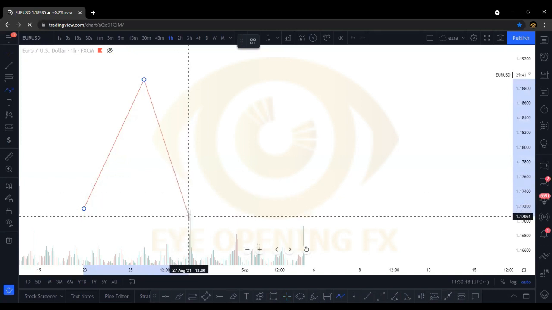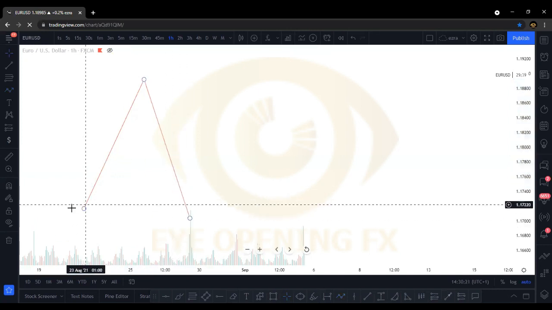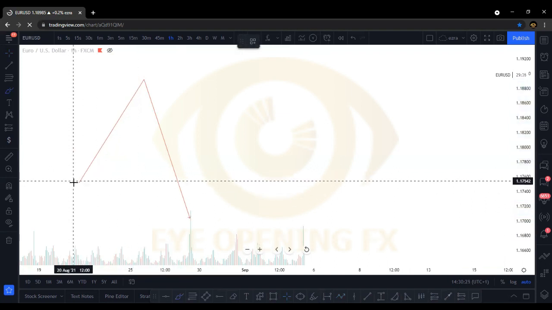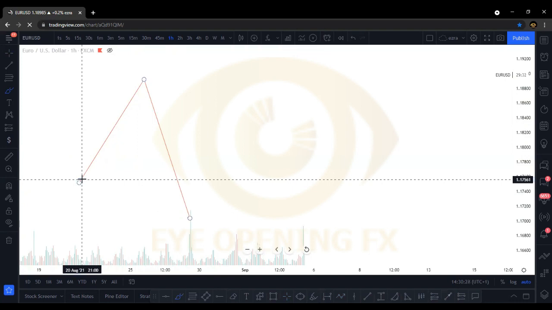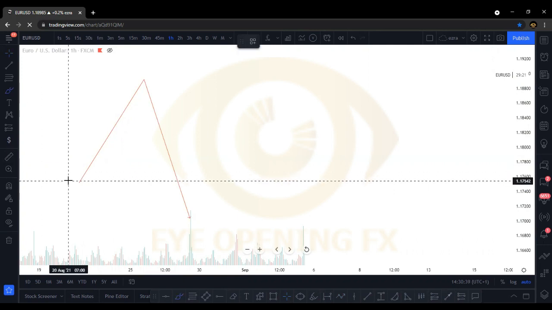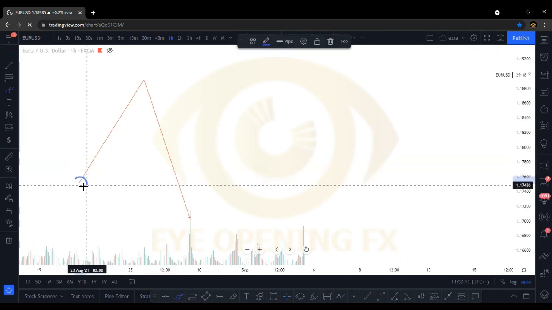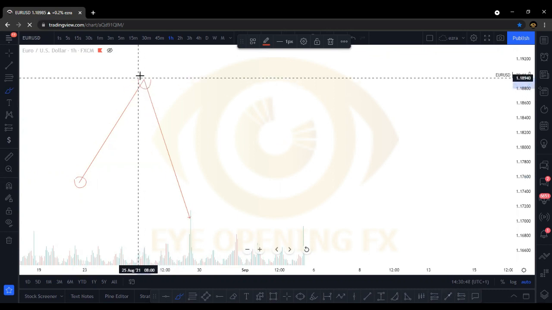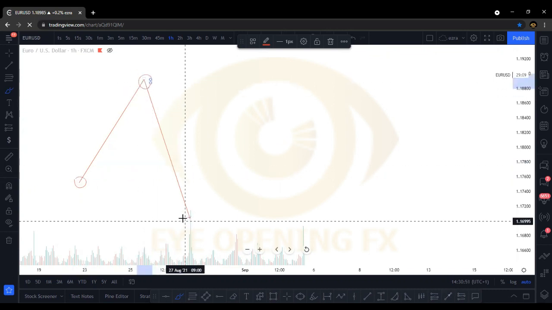We have our major structure on higher time frame. A lower low. So we have our lower low, our lower high, and our lower low.